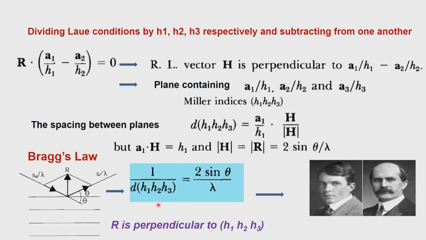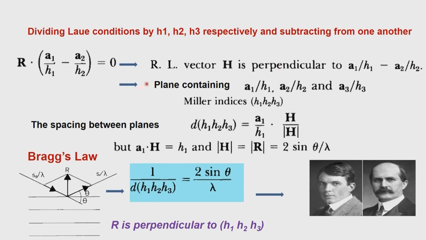So, the distance between the planes, d of HKL, is therefore a real space quantity. This is something which is important and you should remember, because this is essentially telling that r is perpendicular to H1, H2, H3. Now, r is H, the reciprocal lattice vector, and both the Laue conditions and the Bragg equation are satisfied when the diffraction occurs.